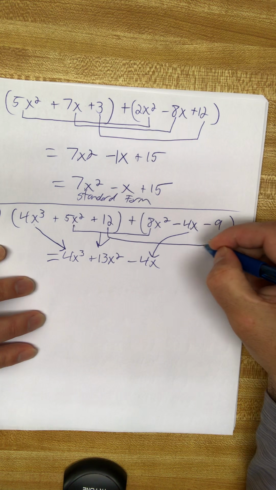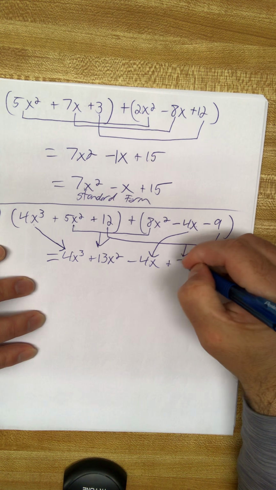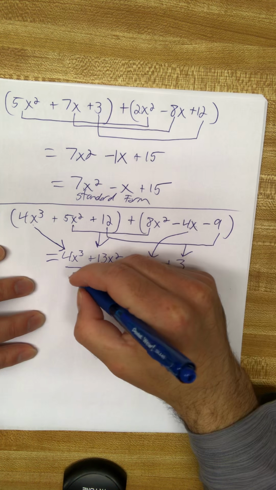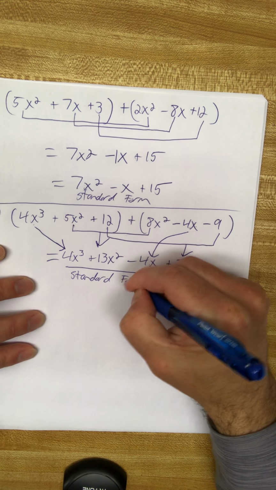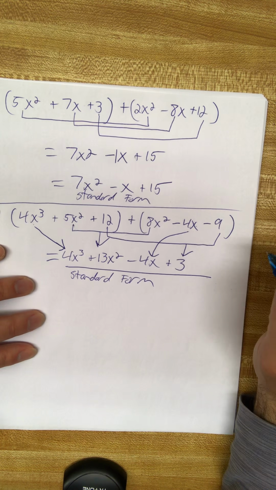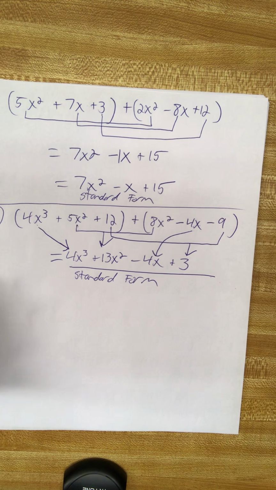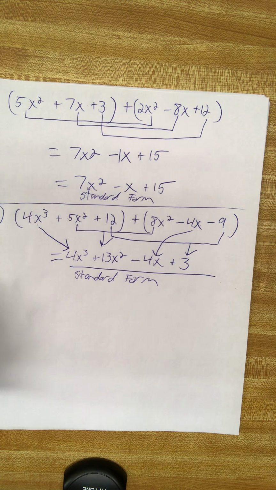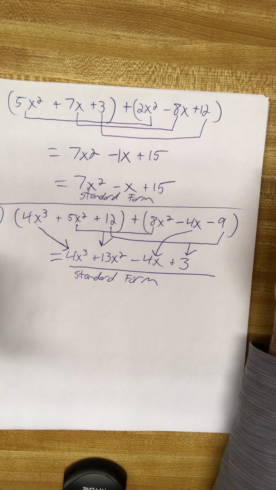Then 12 minus 9 gives me 3. So again, standard form, you're good to go. The main thing is that you're matching up same variable, same exponent. Like I said, we're going to focus on x's here because that's going to take us into what we'll be working on a lot next.